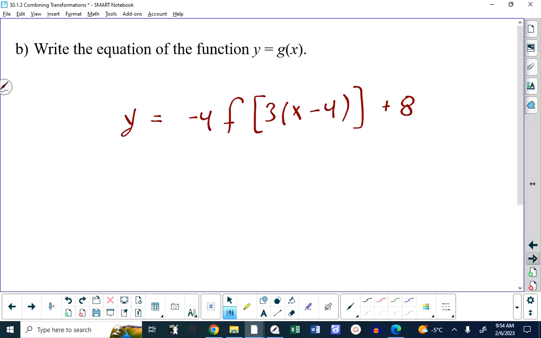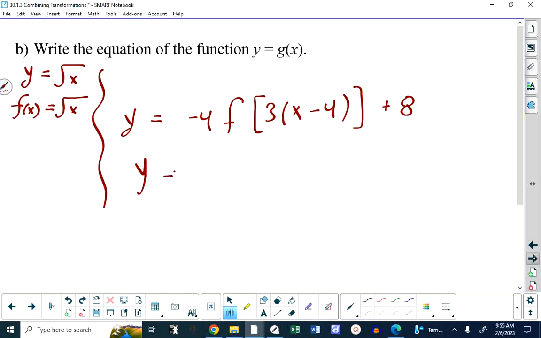Okay. But the original function is root x. So the original function f of x is root x, which means the new function is negative 4. We're going to have the plus 8.